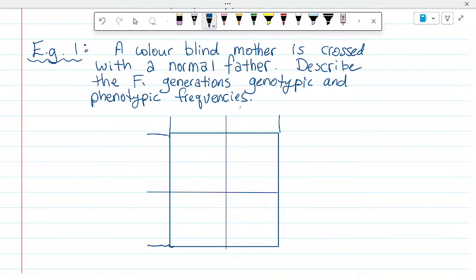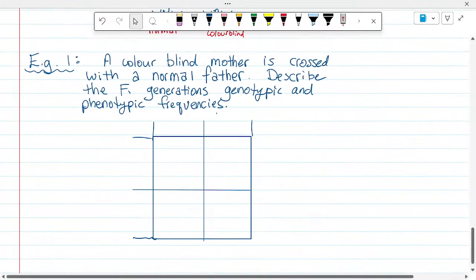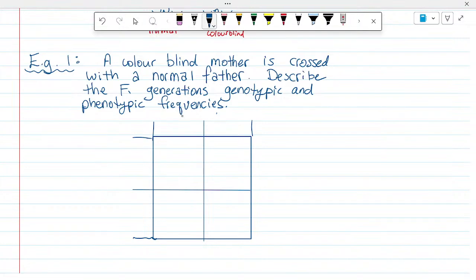Someone's very cross right now, but not crossed. Anyway. See, that was problematic. Maybe don't do that.